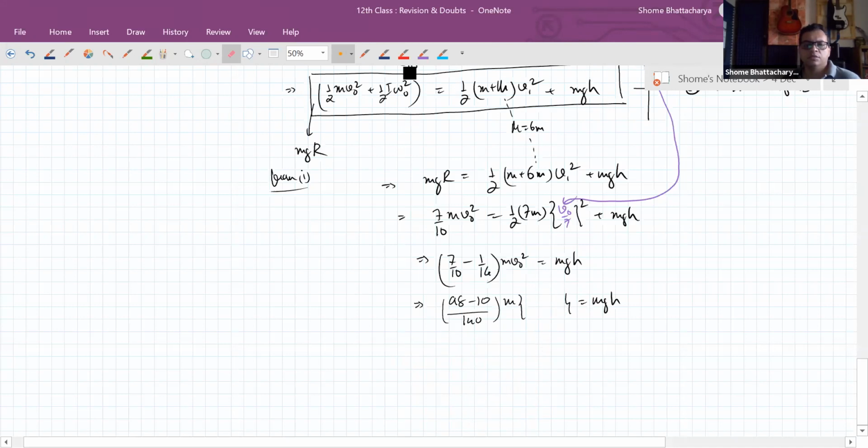V naught has to be substituted with square root of 10 by 7 g.